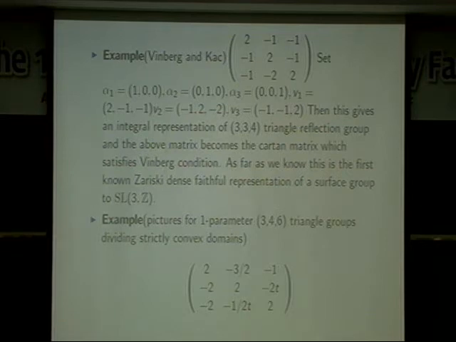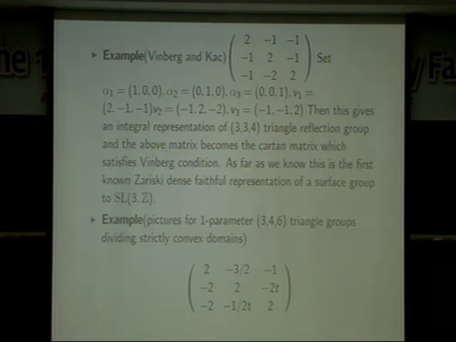So as far as we know, this is the first known Zariski-dense faithful representation of a surface group to SL3Z. There's another example. I draw the picture for the (3, 4, 6) triangle group dividing strictly convex domains. This is the Cartan matrix of (3, 4, 6).